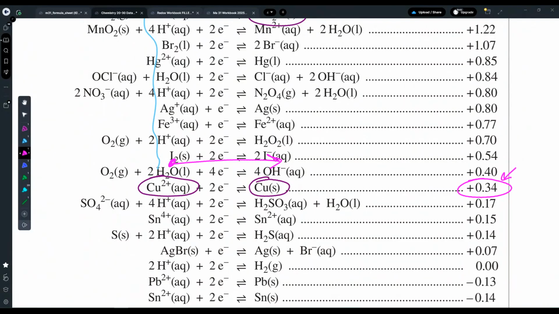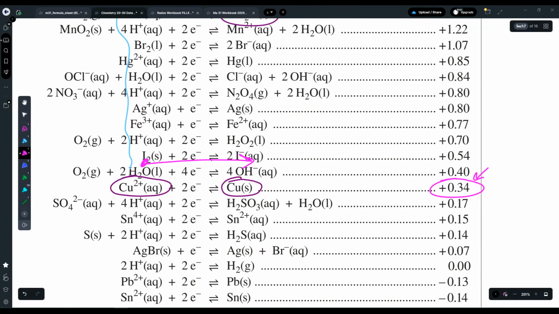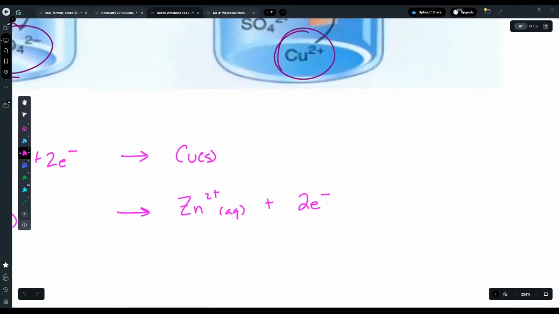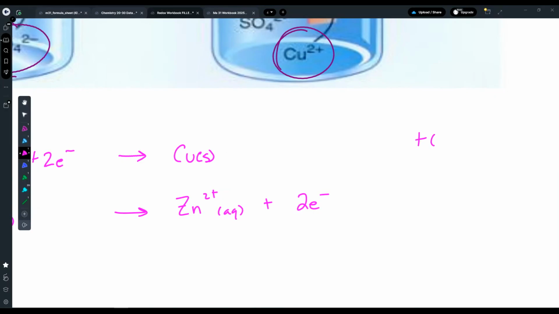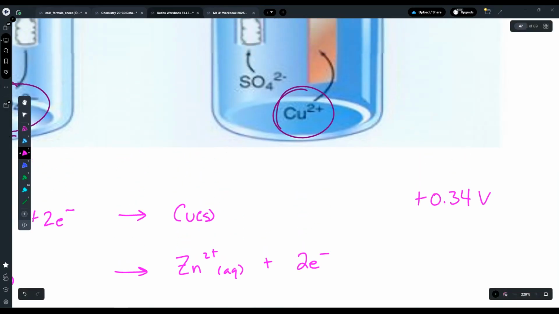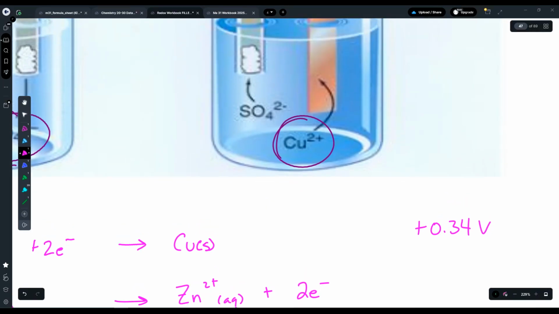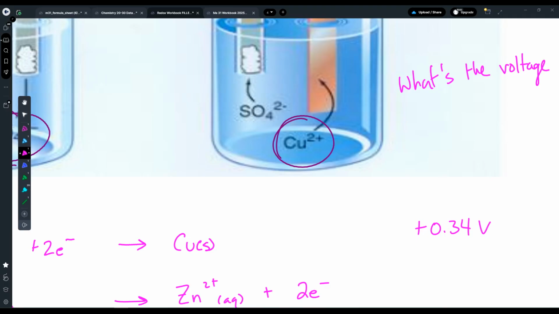If we write the reaction backwards, then we have to flip the sign on the voltage. So for the cathode reaction, since we wrote it from left to right, we can use 0.34. But please note I am adding a bit to this question. The question is, what's the voltage on the battery?